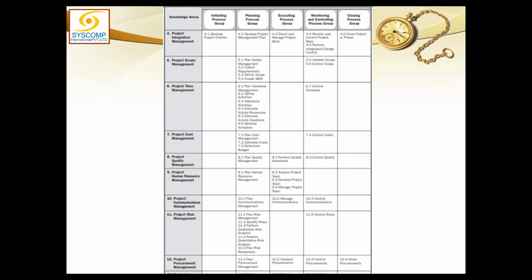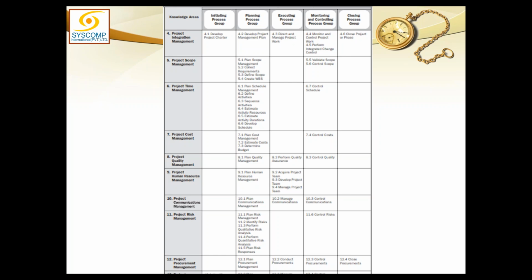Now, how does that happen? If we put all the process groups as columns, 5 columns, and the knowledge areas as 10 rows, then at their intersection, we can see which are the processes which are part of that knowledge area or that process group.